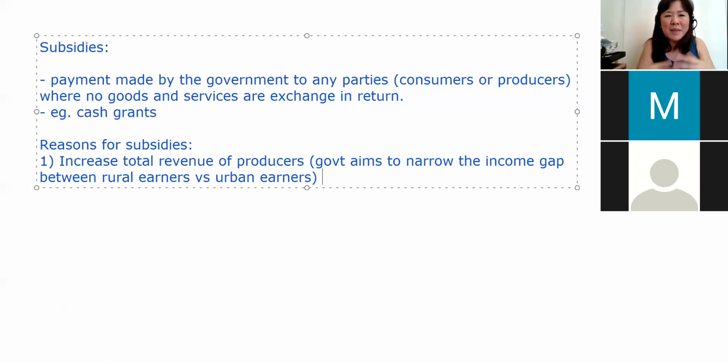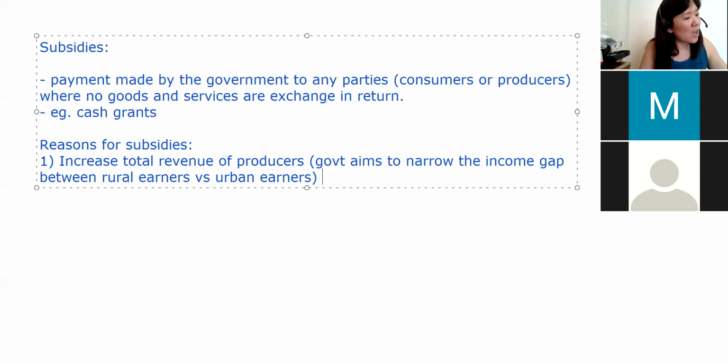Rural earners can be farmers working on the farm, and the government wants to increase their earnings, and therefore provides subsidies. Urban earners generally command a higher wage, and so they have higher income. That would lead to a widening income gap between rural and urban earners. If the government's objective is to narrow the income gap, that possibly explains why they want to increase the total revenue of the producers.